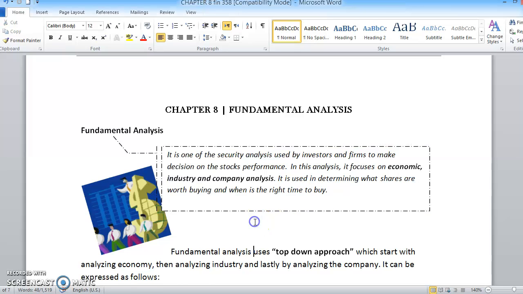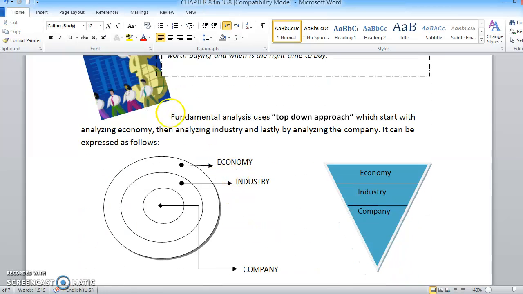Fundamental analysis actually uses a top-down approach. We start with analyzing the economy, then they analyze the industry, and lastly they analyze the company. So there are three main focuses.